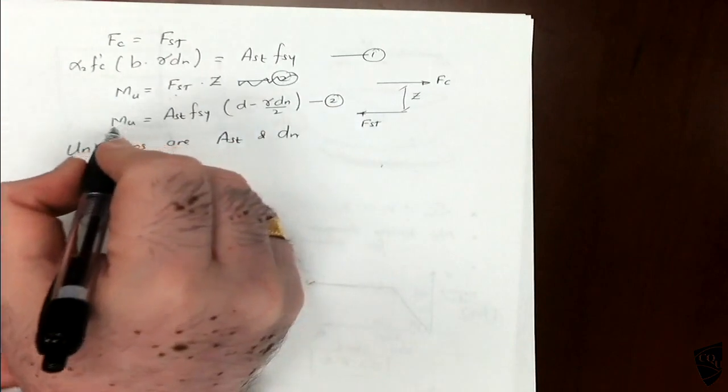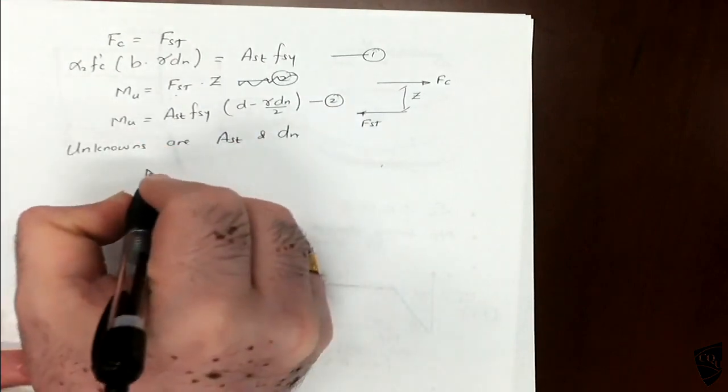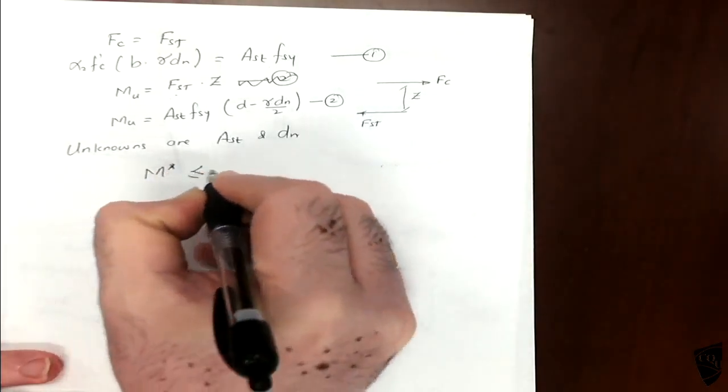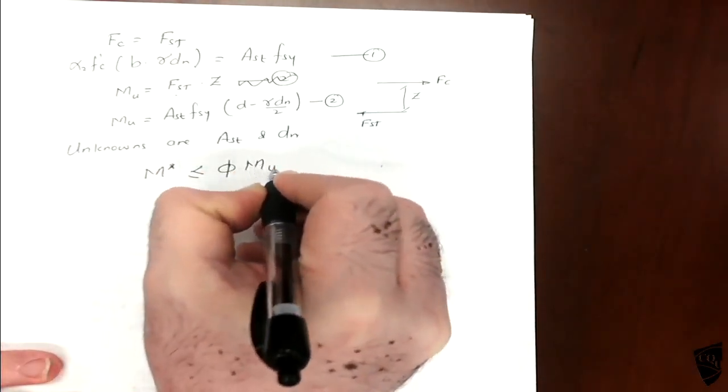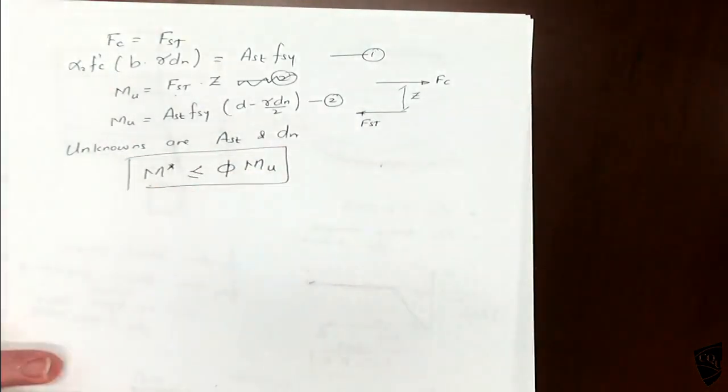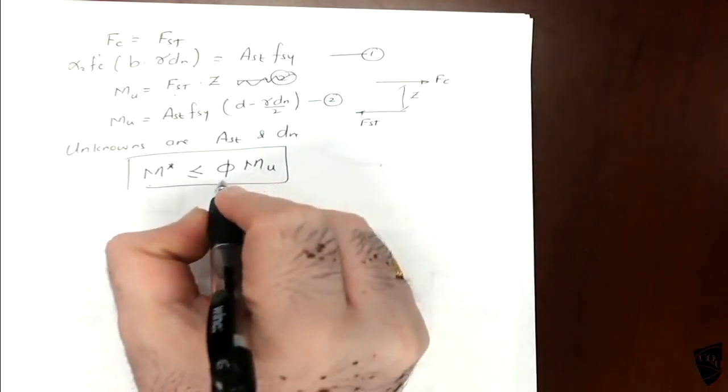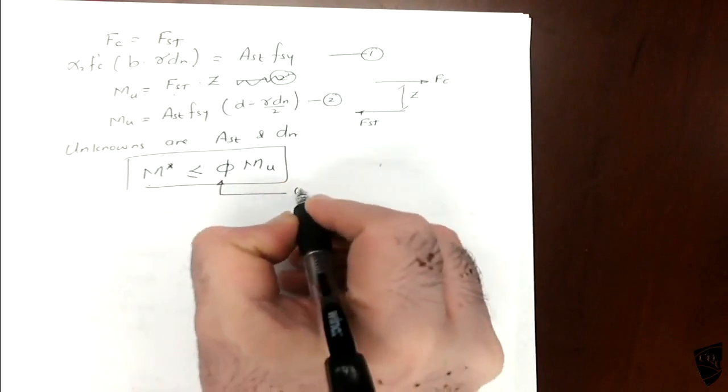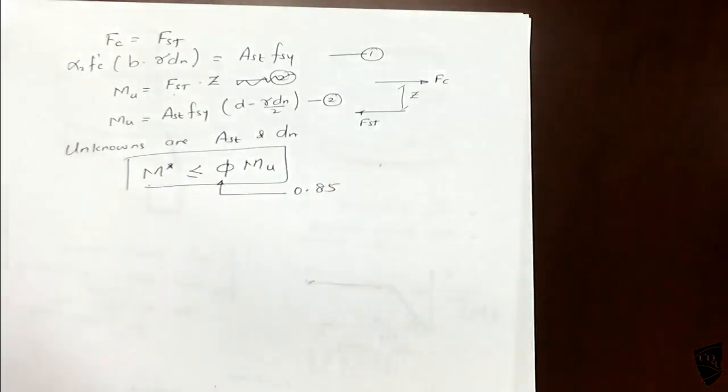So where do we get the Mu? This is the maximum moment, and the standard says this is our condition. If you want to satisfy the limit state, M star, the maximum bending moment from the bending moment diagram, should be less than or equal to phi Mu. The phi value is 0.85 for bending.